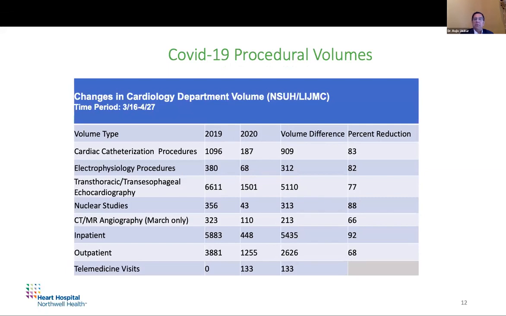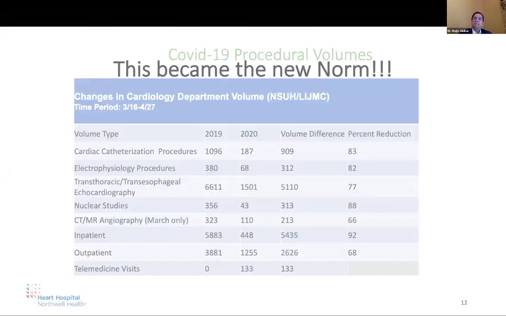So our cardiac catheterization volume dropped by 83%, our EP procedures dropped by 82%, and the rest of our procedures dramatically dropped, including inpatient and outpatient cardiac visits. One thing that has really exploded is telemedicine visits. Our health system is now doing about 3,500 to 4,000 telemedicine visits per week, which is very dramatic.